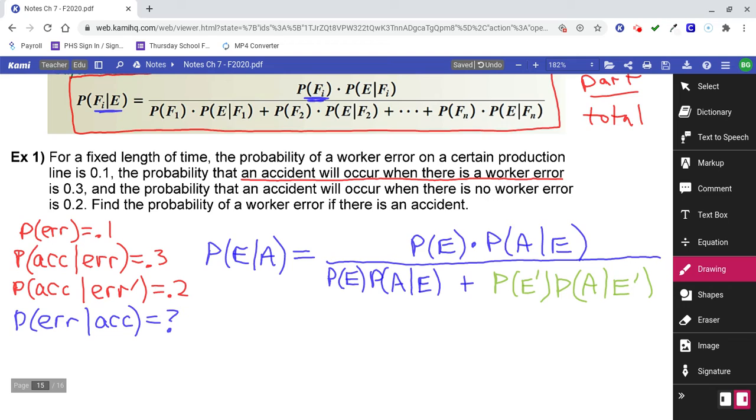So probability of an error is 0.1, so we can fill it in there and there. Probability of accident given error is 0.3, so I can fill that in. Probability of not an error wasn't given to me, but it sort of was.